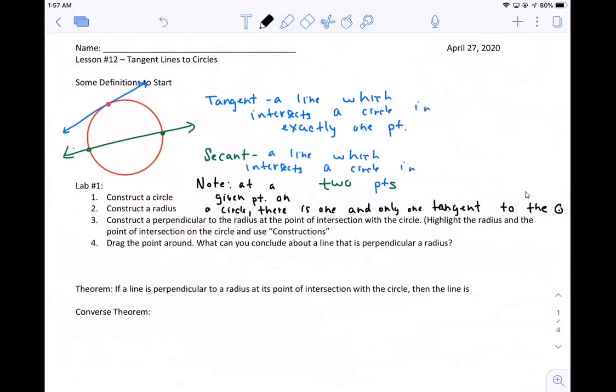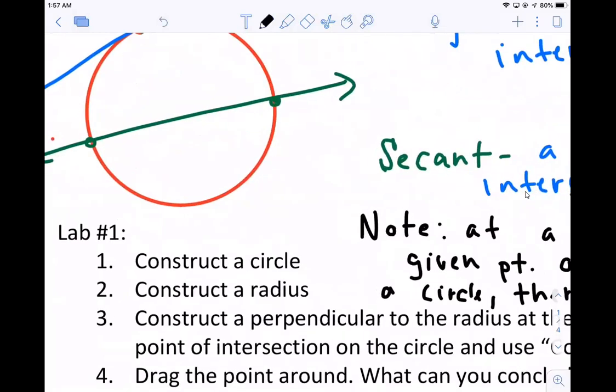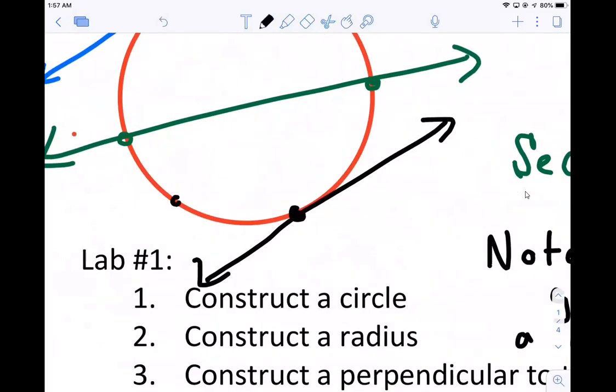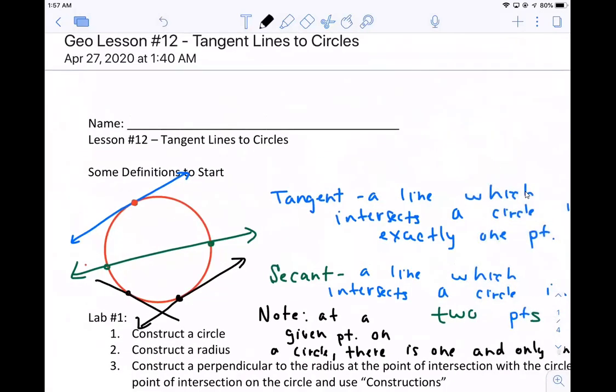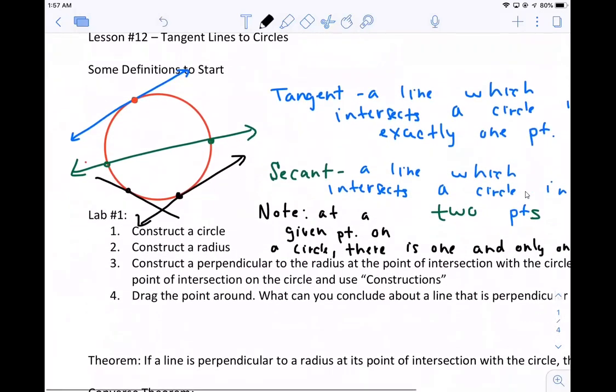So wherever I put a point on the circle, there's only one possible tangent line. There it is. Over there, there's only one possible tangent. You can't draw more than one. You can draw other lines that might look to be tangent, but there's really only one possible tangent line.